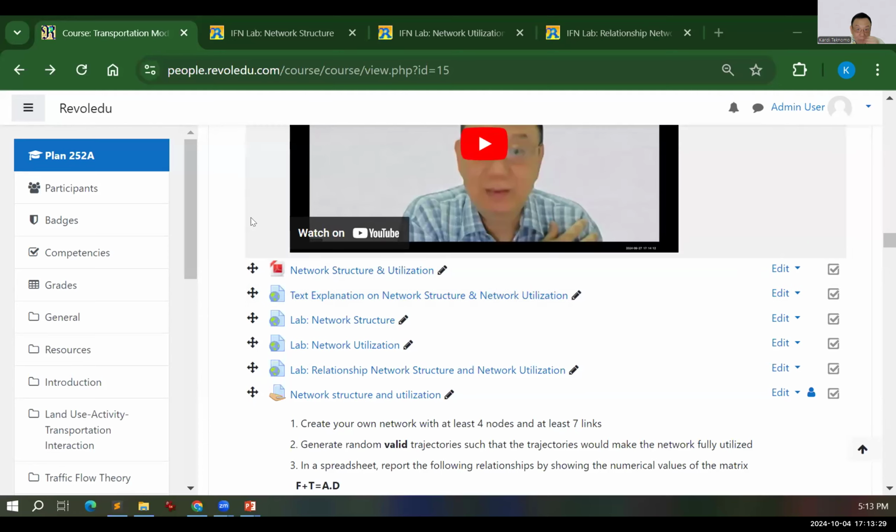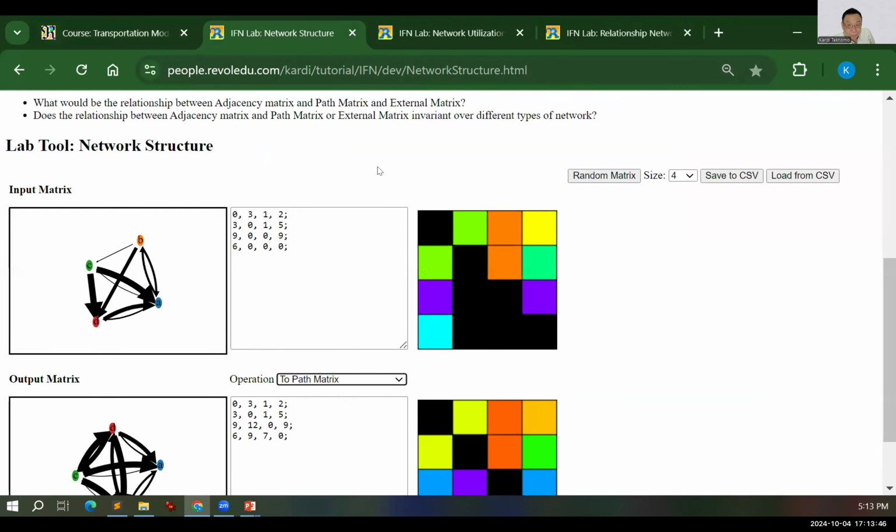Let me share the screen with you. Can you see this? We have the network structure lab, network utilization lab, and relationship. Let's go to the network structure lab.